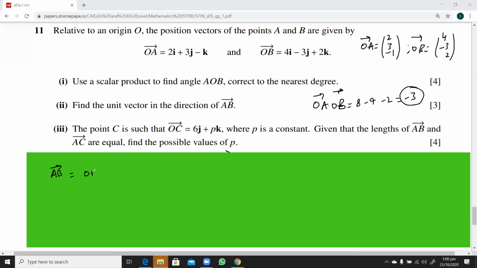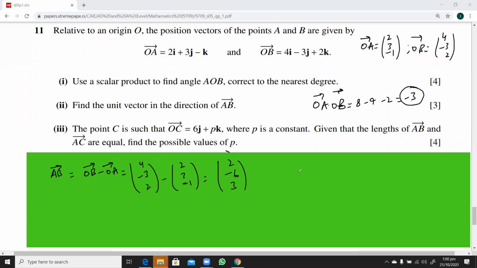So AB is OB minus OA. It is (4 minus 2, minus 3 minus 3, 3 minus minus 1). This is (2, -6, 4).